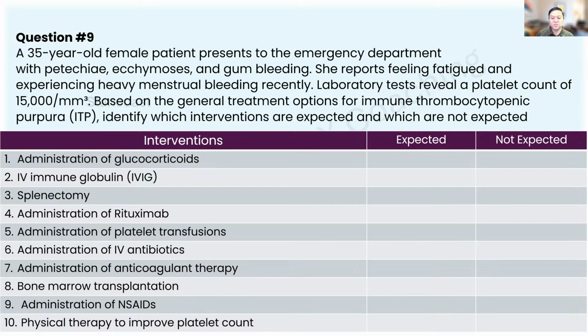Based on the treatment options for immune thrombocytopenic purpura, identify which interventions are appropriate and which are not, expected or not expected. Select the column right here for those interventions. So we're gonna put expected or not expected.